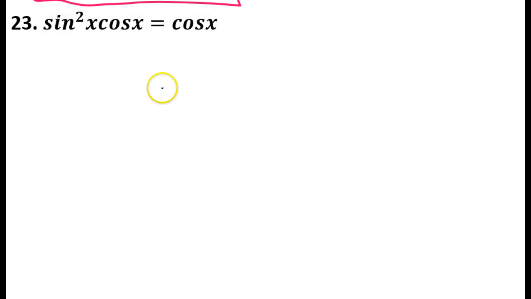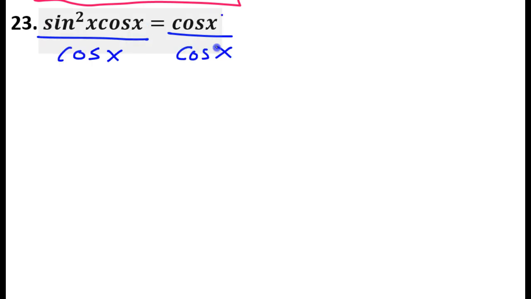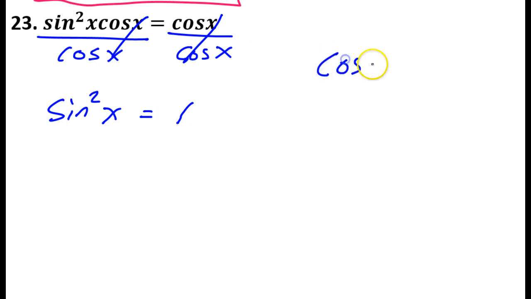For number 23, here's the common mistake, the one thing you cannot do. You cannot divide both sides by the trig function like this and just cancel these out, and then have sine squared x equal to 1 or whatever. That's no good because you never know when cosine is going to equal 0.